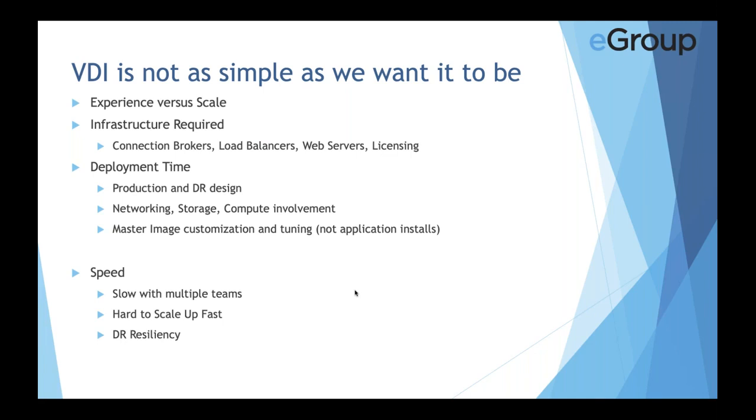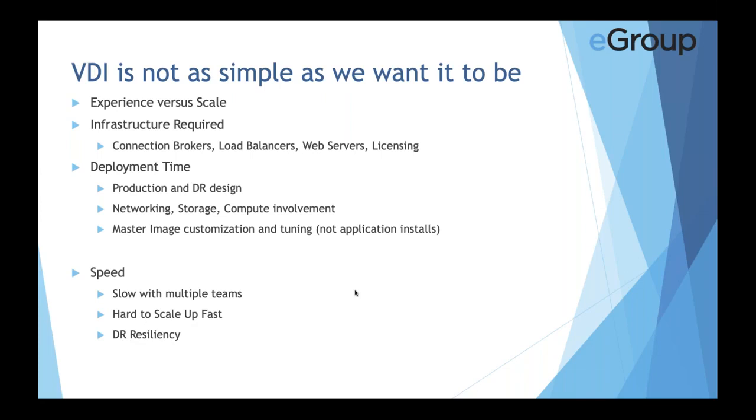We can't do that very well on-prem infrastructure, right? It takes a lot of pieces: connection brokers, load balancers, web servers, licensing, databases. A lot of things go into this, right? So there's a lot of infrastructure required for VDI, and it hasn't gotten that much different over the course of time.